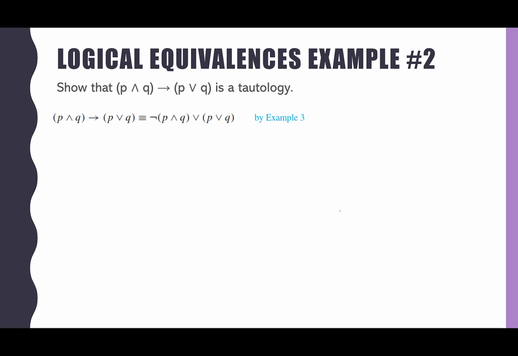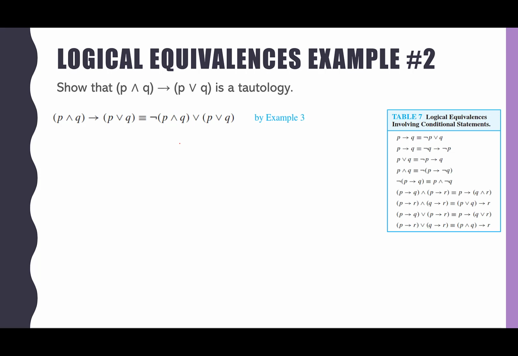We use that first rule that we spent a minute on in a truth table of the conditionals, where we said P, therefore Q, is equal to not P or Q. Remember that one? If you don't, here it is. The first rule right here. That's all we did. We applied it to that.